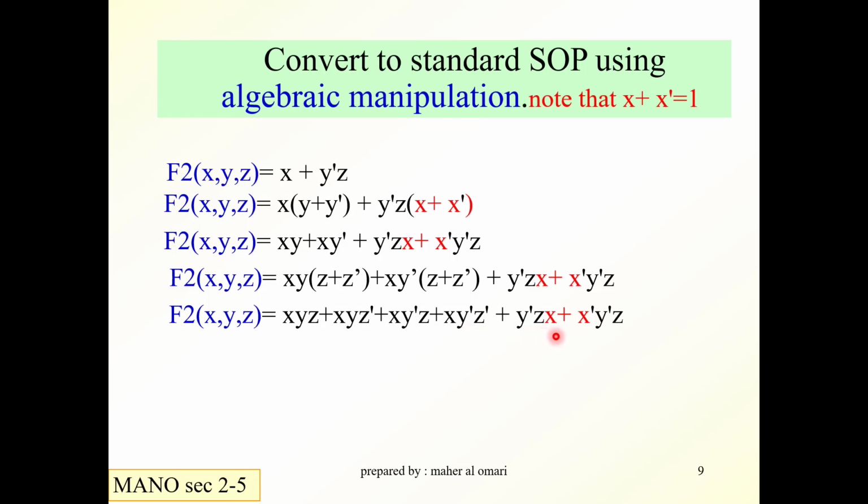All of these are minterms. And actually this is minterm 7, minterm 6, minterm 5, minterm 4, and minterm 1, because this is also minterm 1. So minterm 1 is included once because it takes care of these two minterms.